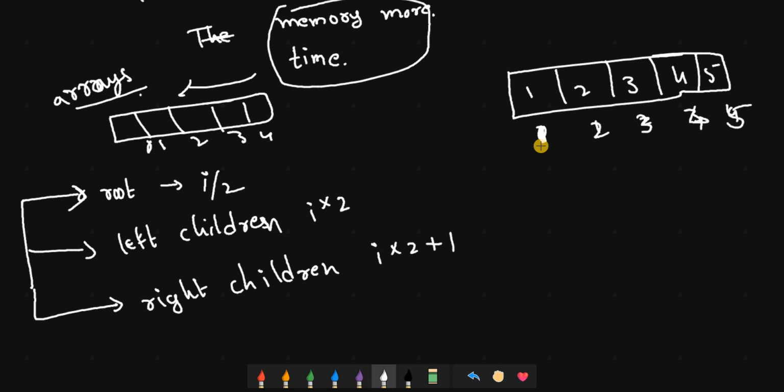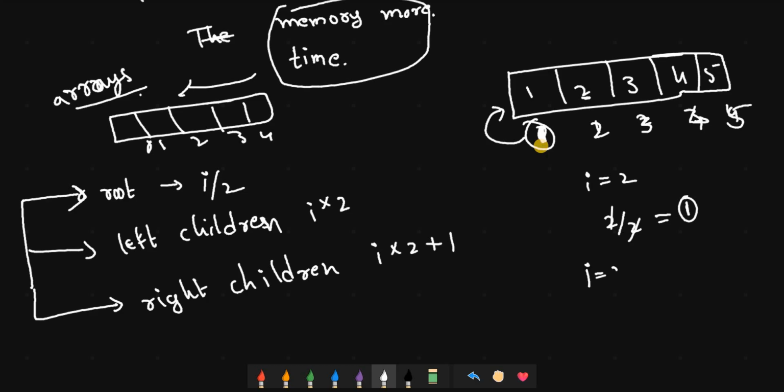Let's find it out. To find the parent, we use the I by 2 formula. For example, take the element 2. What is the parent of this 2? The index is 2, so 2 by 2 is 1. So the element at the first index is the parent of this 2. Another one: what is the left child of 2?